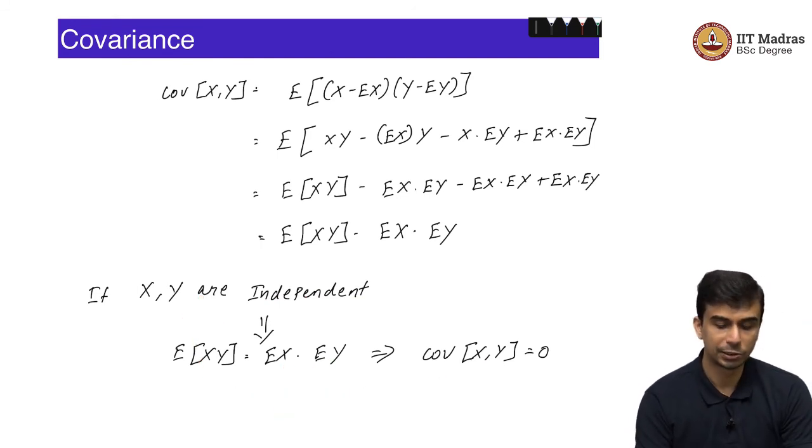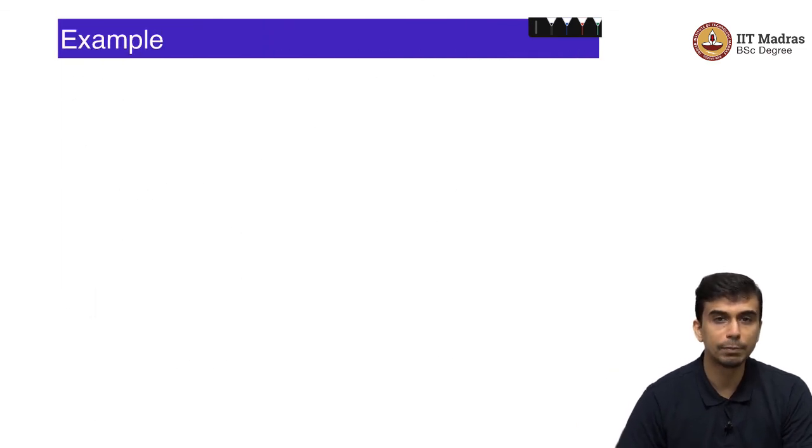So, this is our first statement, that if x and y are independent, then they are uncorrelated. But this does not flow in this direction. You can have two random variables which are uncorrelated, their covariance can be 0, but they can still be dependent. We will see a quick example of this.